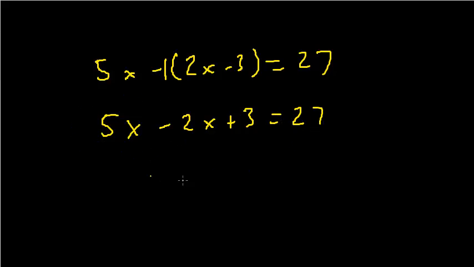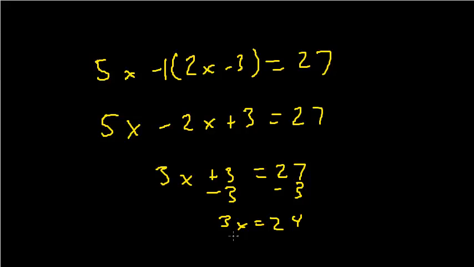Now we can add our like terms, or subtract in this case. 5x minus 2x gives us 3x plus 3 is equal to 27. Subtract 3 from both sides. We have 3x is equal to 24. Divide by 3, and we have x is equal to 8.